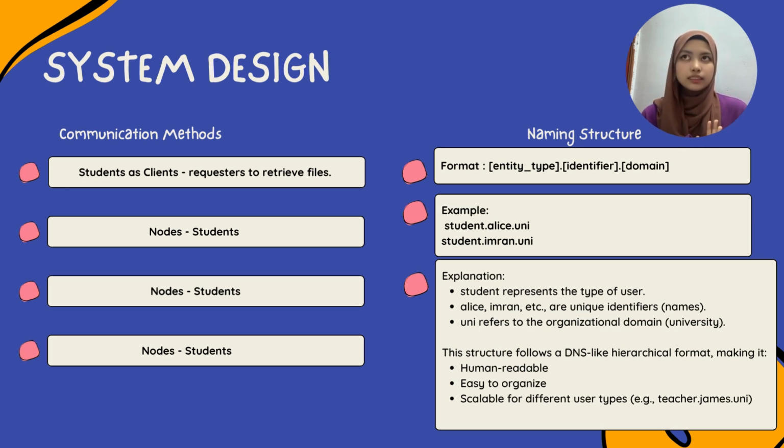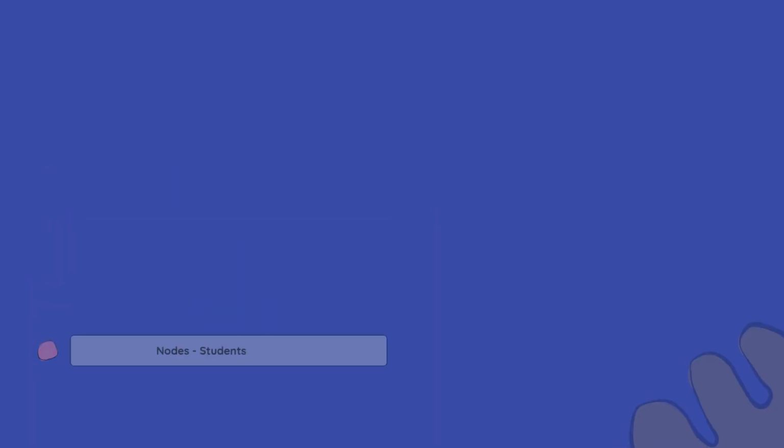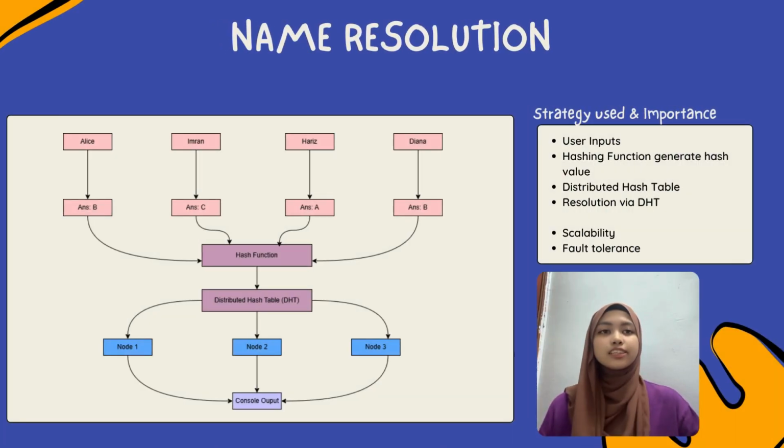Next, the organization domain will be referred to as uni. Therefore, when the student stores their data, it will be formatted as entity name, identifier and domain.